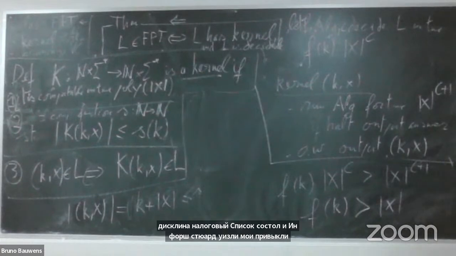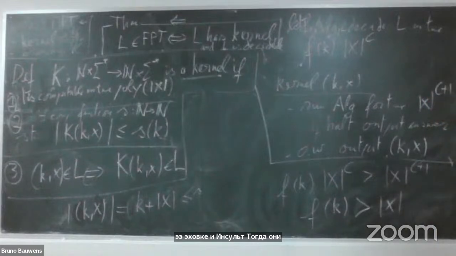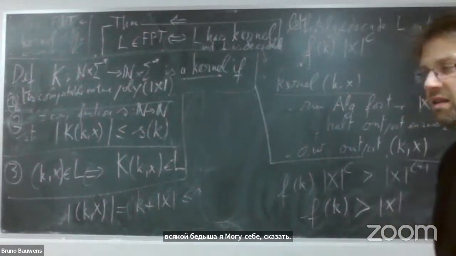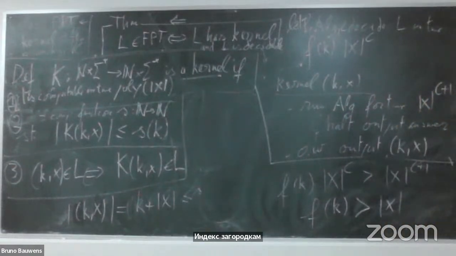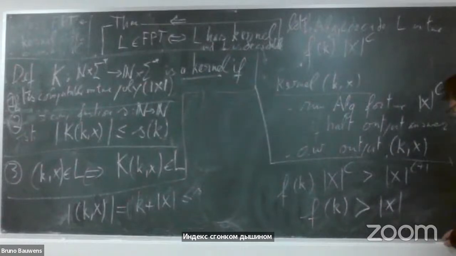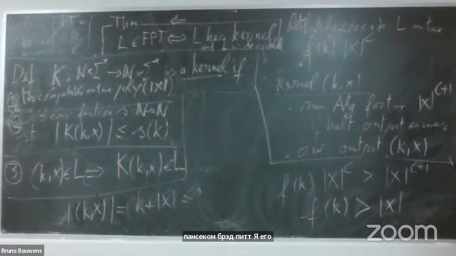Why do we care that f of k is greater than the size of x? Because we need the second condition. In this second condition, on the second branch, we output (k, x), and we need to check that the size of (k, x) is actually bounded by a computable function of k. We know that the size of (k, x) is k plus size of x.